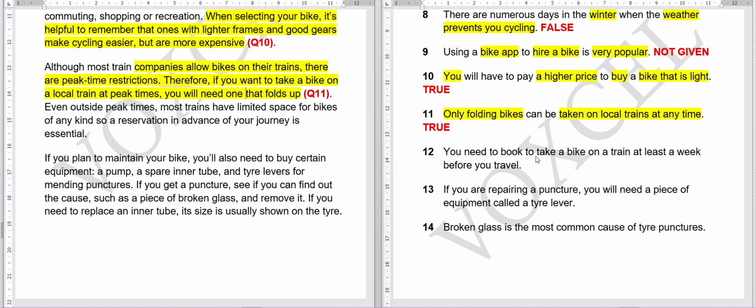You need to book to take a bike on a train at least a week before you travel. The question is saying that if you want to take your bike on a train, you need to book it at least 1 week before you travel. Like you want to go anywhere on Monday, so 1 week before Monday you need to book your seat along with your bike, I believe.